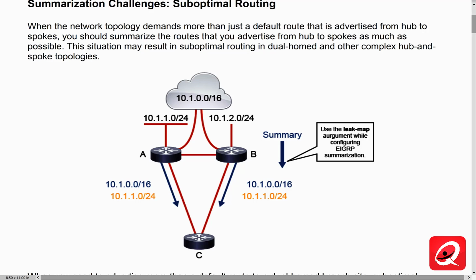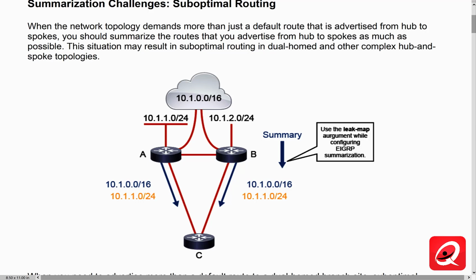All right. So when it comes to summarization, you need to make sure that when you're summarizing you understand what the effect of that is. If you're looking at this diagram, it can be a little bit confusing because we've got the 10.1.10 subnet on router A, we've got the 10.1.20 subnet on router B, and we've got the rest of the 10.1.0 networks that both A and B can get to.